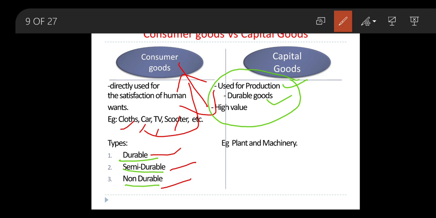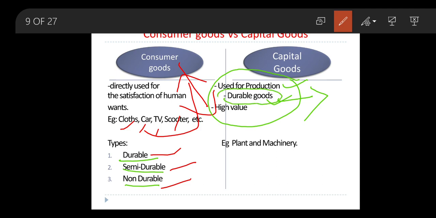Number two, durable goods. It must be able to be used for a long period of time and must be able to be used repeatedly. But remember, not all goods which are used for producing a final good are capital goods, because to be a capital good, it must have this character.